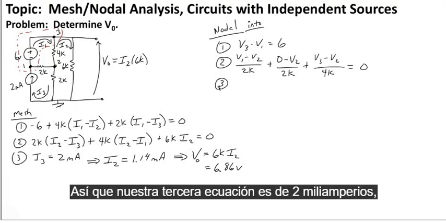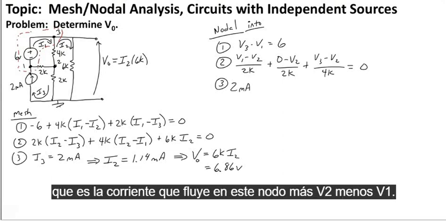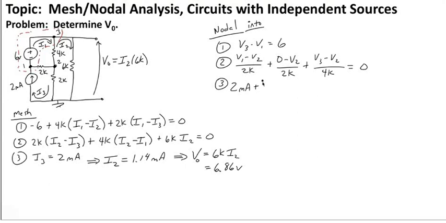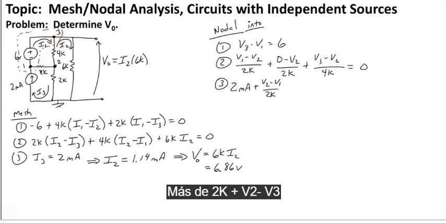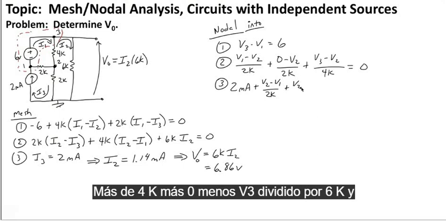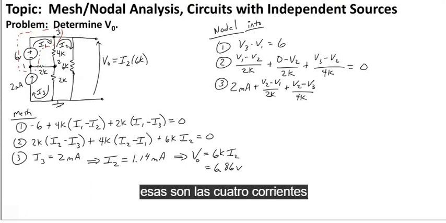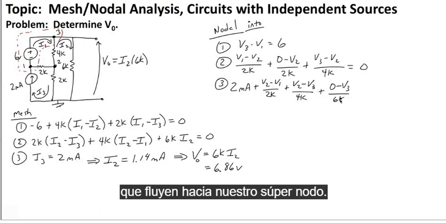So our third equation is 2 milliamps, which is the current flowing into this node, plus V2 minus V1 over 2K, plus V2 minus V3 over 4K, plus 0 minus V3 divided by 6K.